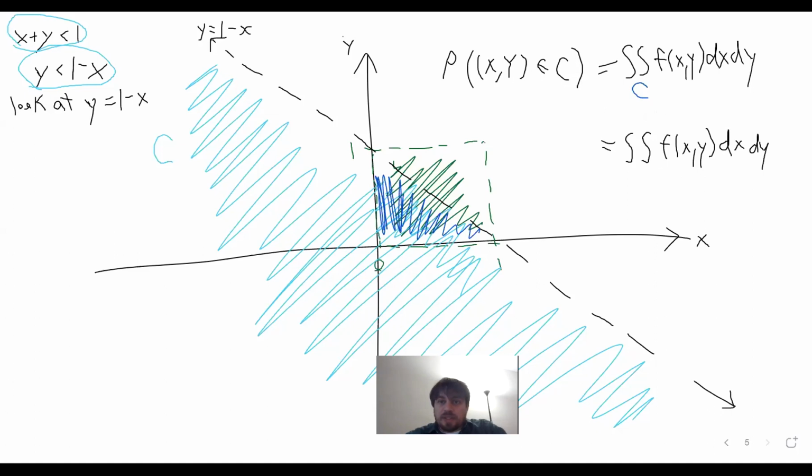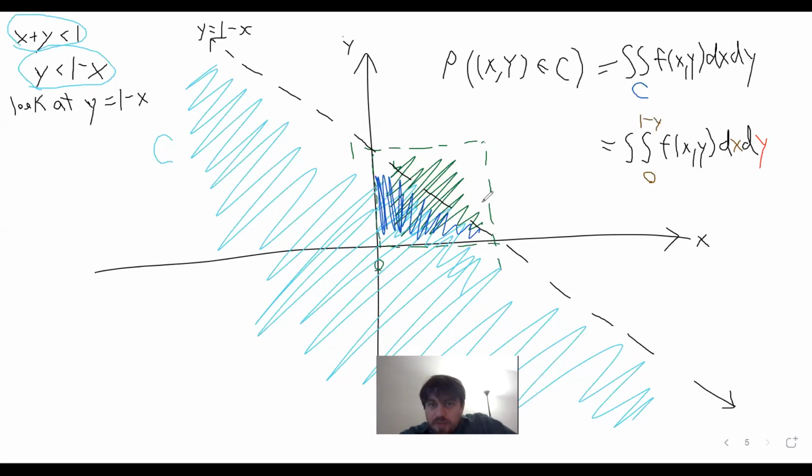Actually, let's use the colors a little more creatively here. I'm going to use two colors: one for x, and red for the other. So for x, we're going to go from 0 to 1 minus y.